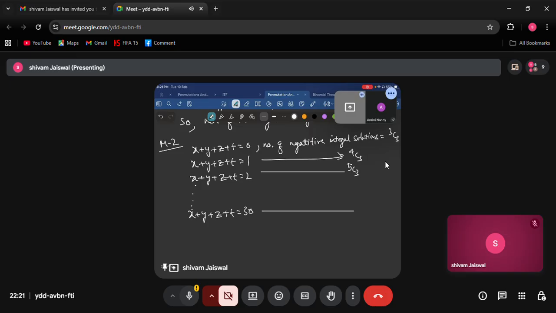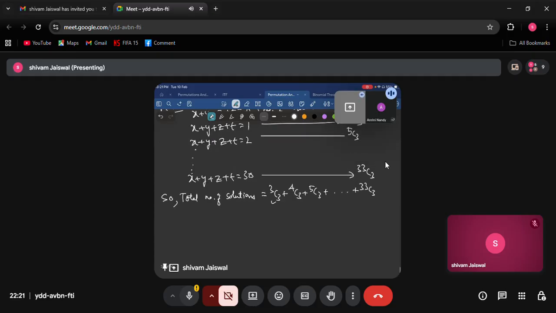This one will be 33C3. So the total number of solutions will be equal to 3C3 plus 4C3 plus 5C3 plus up to 33C3.